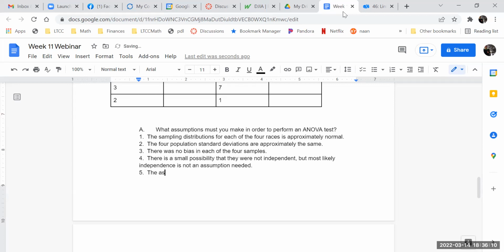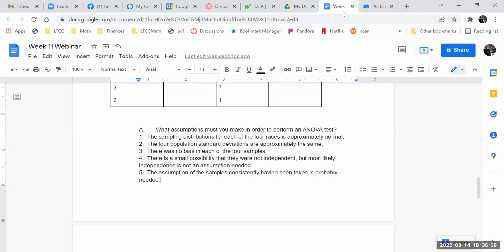The assumption of the samples consistently having been taken is probably needed.